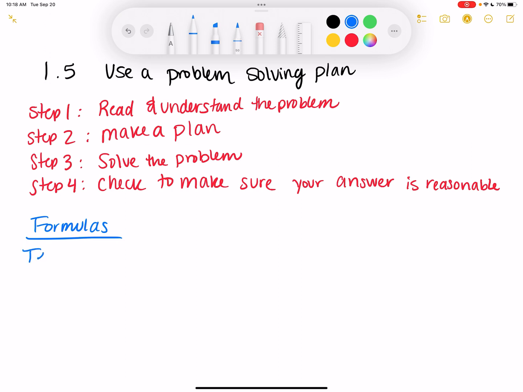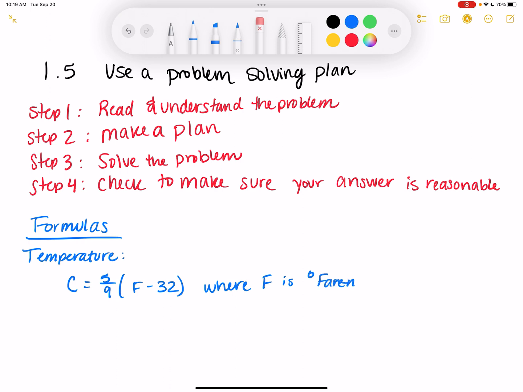We have one for temperature, which is C equals 5/9 times (F minus 32), where F is degrees Fahrenheit and C is degrees Celsius.